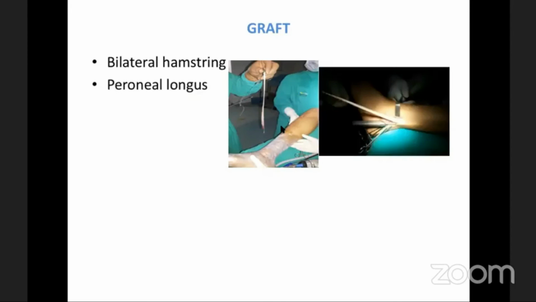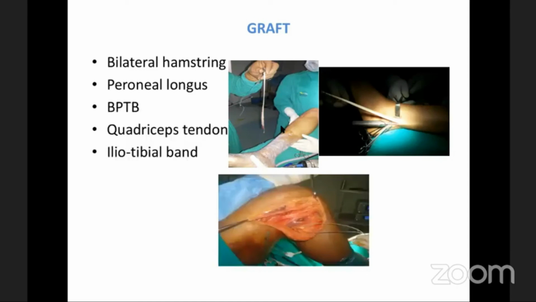So about the graft, you can choose bilateral hamstring, which is getting attention nowadays, and the BPTB, quadriceps graft, then IT band graft.